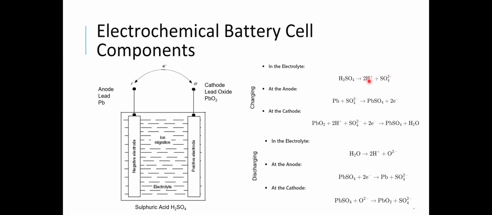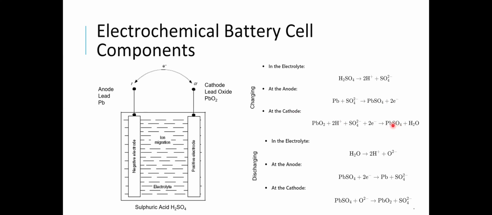We will then use this H plus in the electrolyte at the cathode to use up 2 electrons during charging and make this lead sulfate here at the cathode.